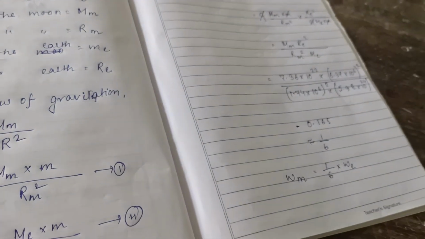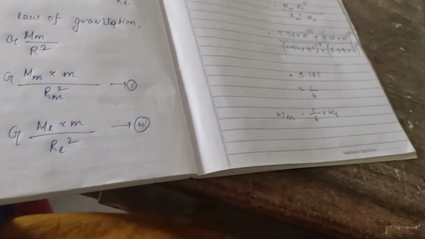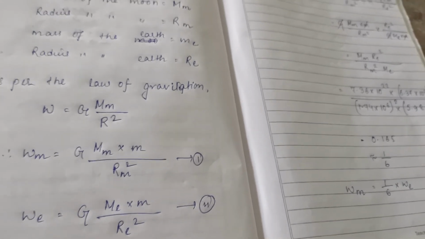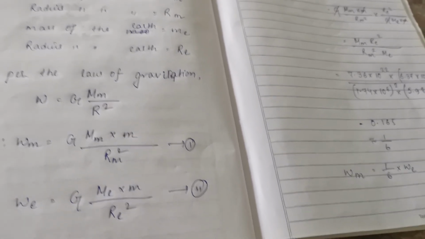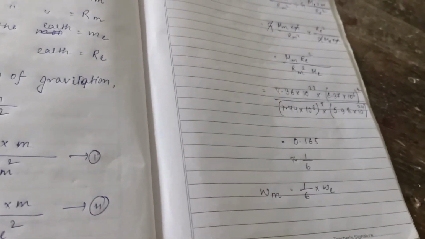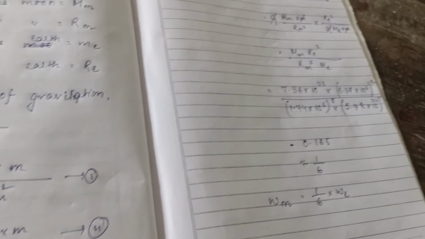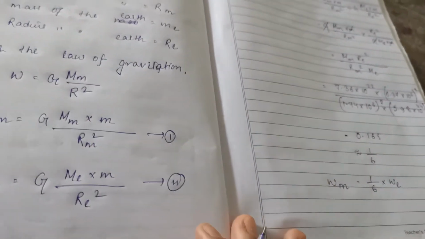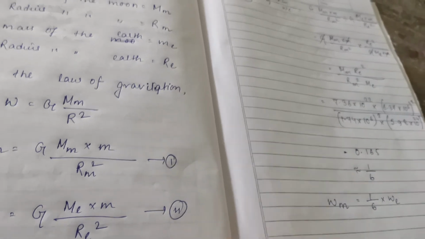Now there are some numerical problems related to this formula. It is given in example 10.5 in your book, an object weighs 10 Newton when measured on the surface of the earth.